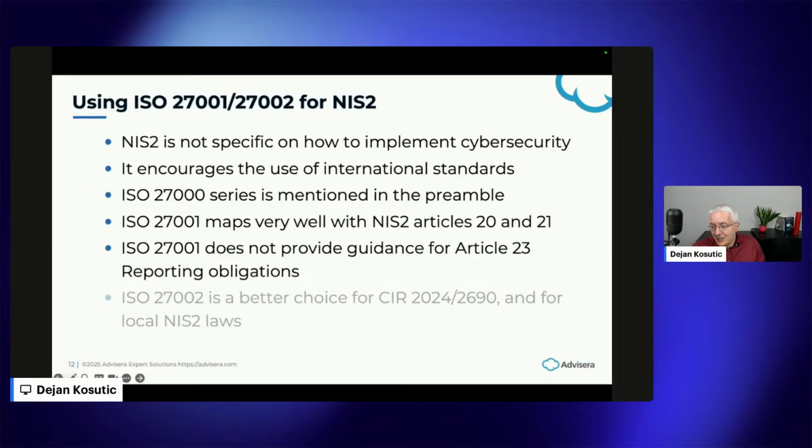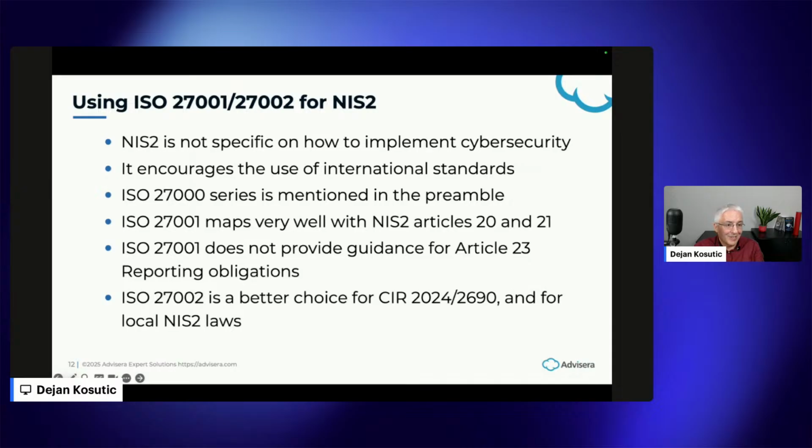Now, 27001 does not provide enough guidance for Article 23, which is about incident reporting. And I would say not ISO 27001, but 27002, which is the guidance for the implementation, is a much better choice if you have to comply with this CIR 2024/2690 and with local NIS2 laws.